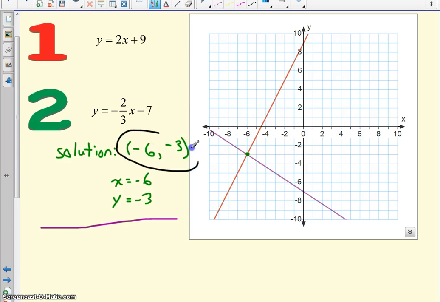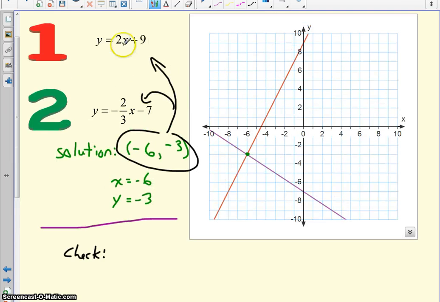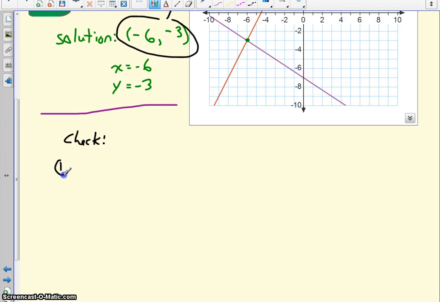And if this point happens to make both this equation and this equation work, i.e. left side of the equation equal to the right side of the equation, then you know that the solution works. So let's actually do that here. We'll do a check. And again, to do a formal check, you take the left side and right side of the equation and look at them separately. So I'm going to start with equation number 1, which is y equals 2x plus 9.